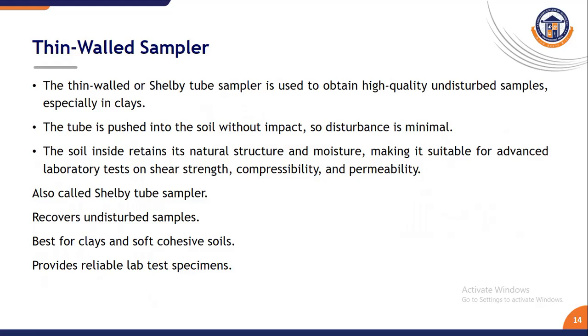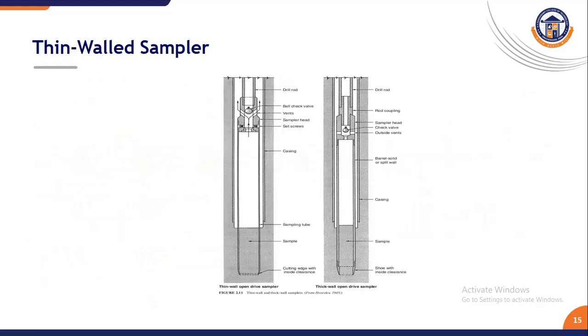It is best for clay and soft cohesive soil. This is an example figure for your reference. The drill rod, casing, and sampling tube are the apparatus required for collecting the sample in the thin walled sampler.